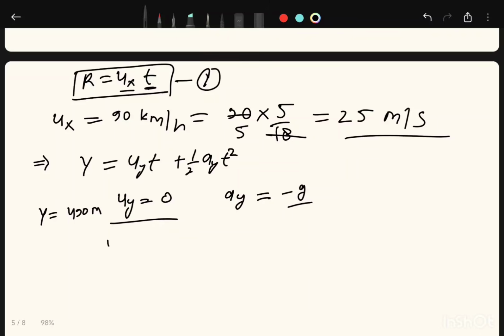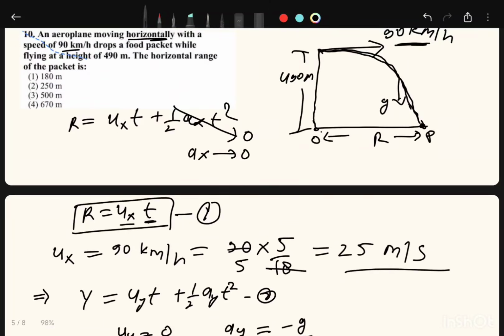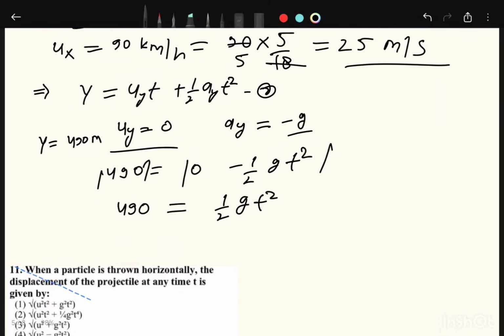So we'll put all the values in equation 2. 490 will be equal to 0 minus one by two gt square, if we take only the magnitude part, the magnitude of the displacement. Or other thing you can do, you can take this downward direction as positive also, because you can choose the direction by yourself.